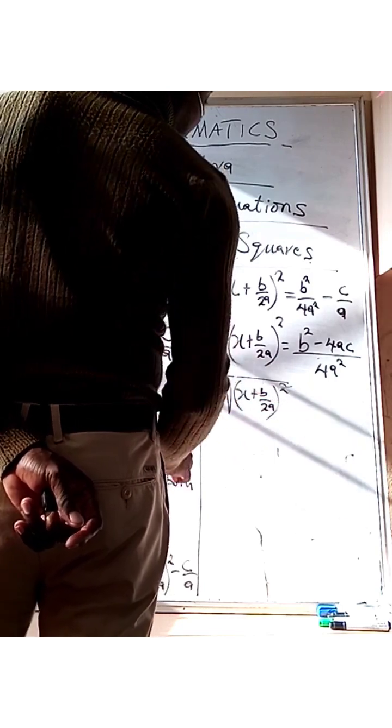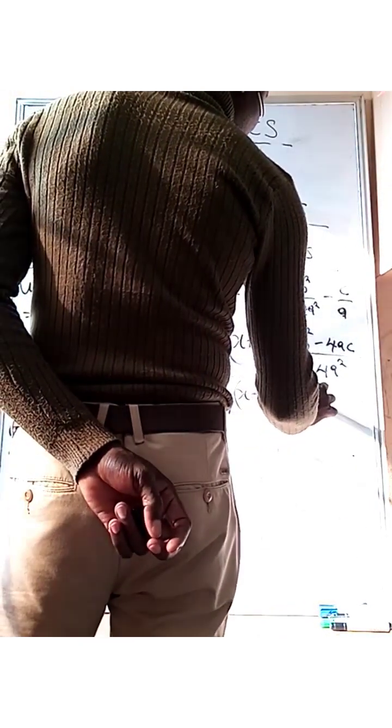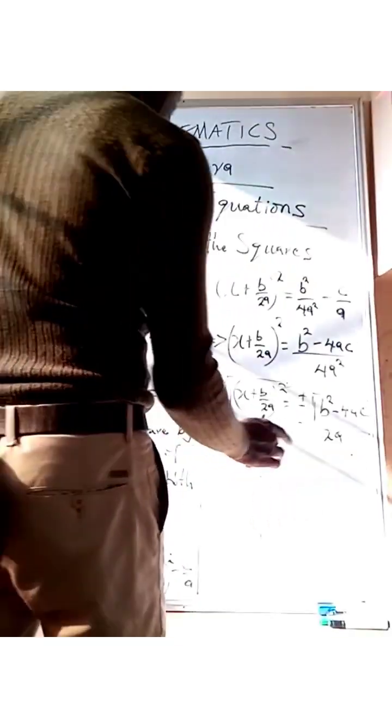This square gets rid of the square root, and that will be positive or negative the square root of b squared minus 4ac, everything over 4a squared.